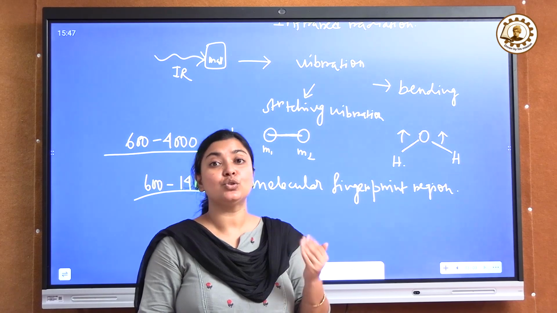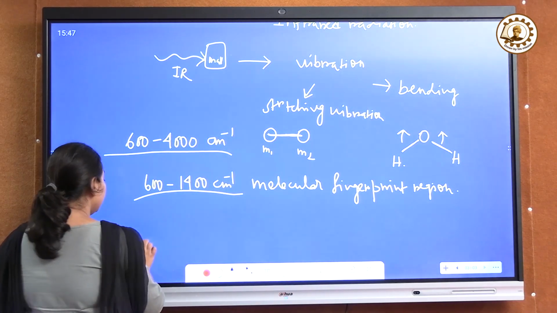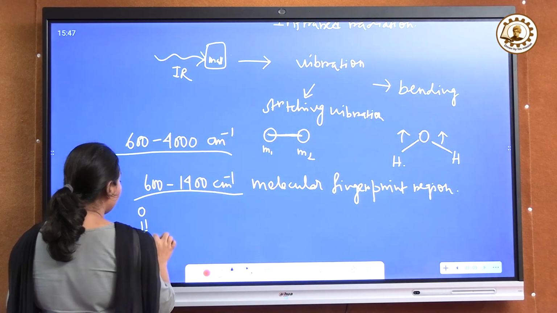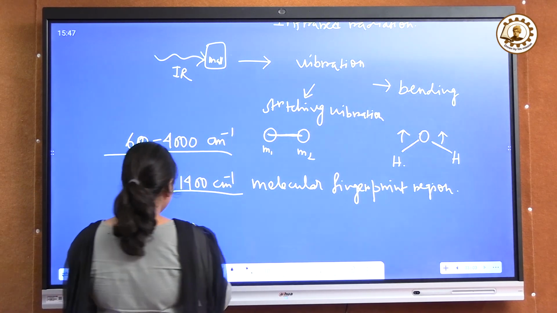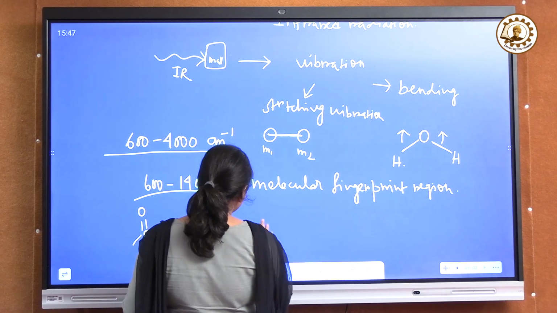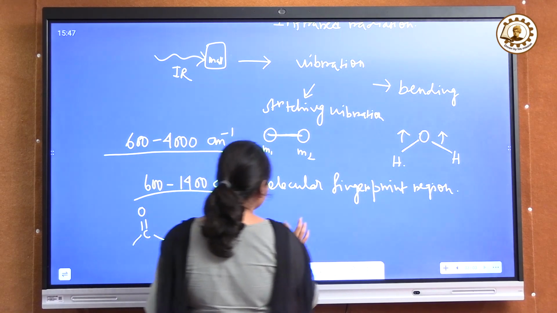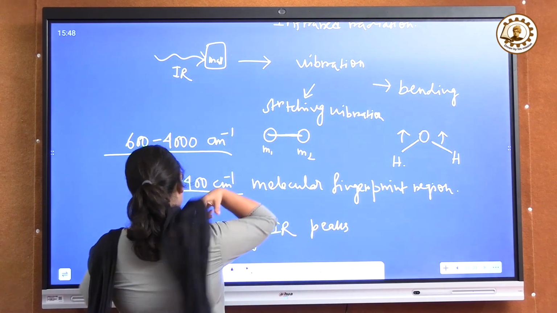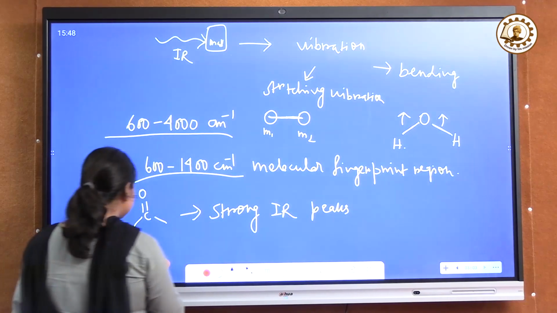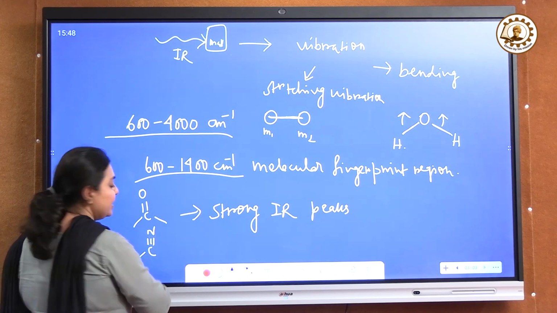then it will show us strong IR peaks. Like if we give an example of CO, CO bond is a polar bond, so it will show us strong IR peaks. Okay, now if we compare this with CN, let's say, with CN.